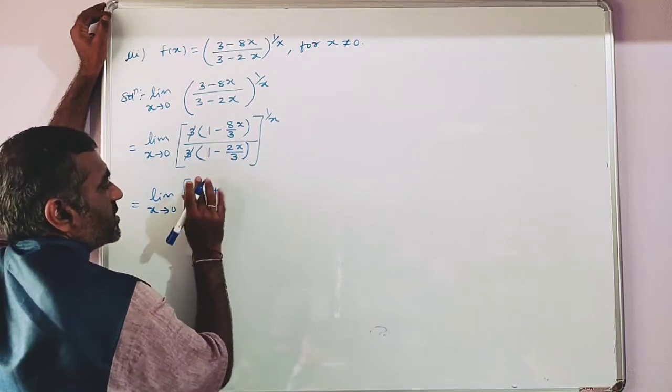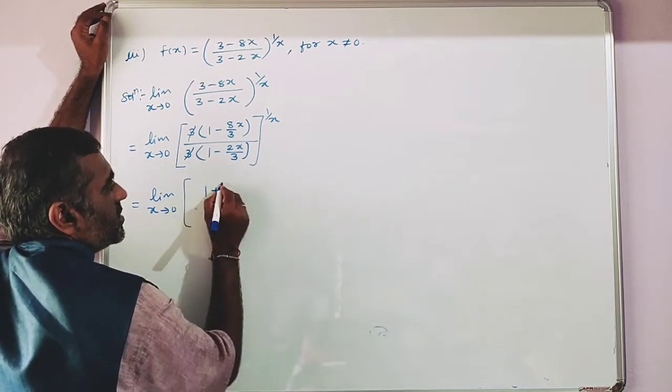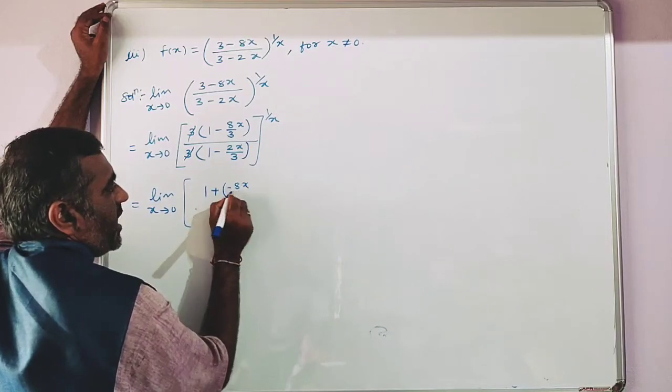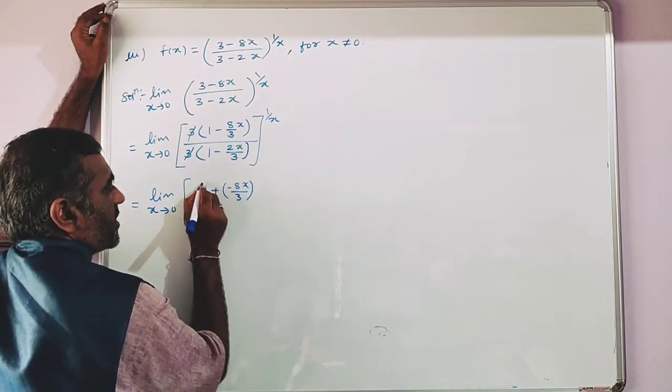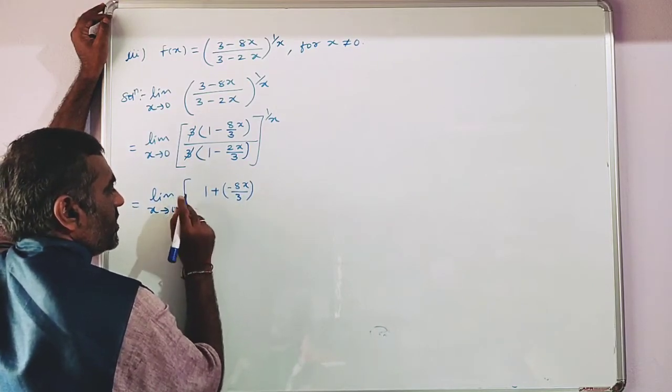Therefore, limit as x tends to 0, we can convert this as 1 plus minus 8x by 3, and here we can write a curly bracket.